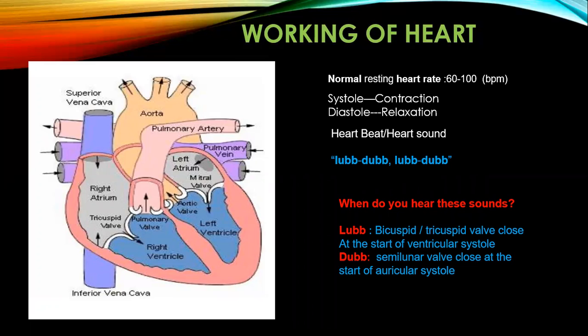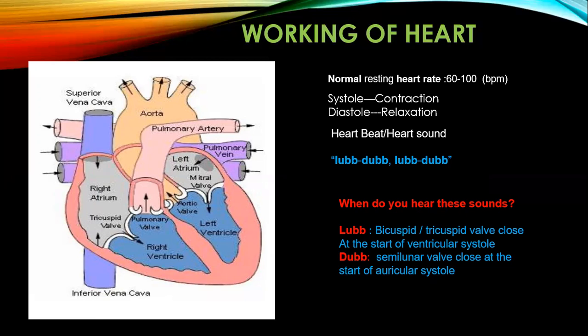Now, it will never happen that only half the portion of the heart will contract or relax. Both the upper chambers of the heart, the left atrium and the right atrium, will first be receiving the blood.